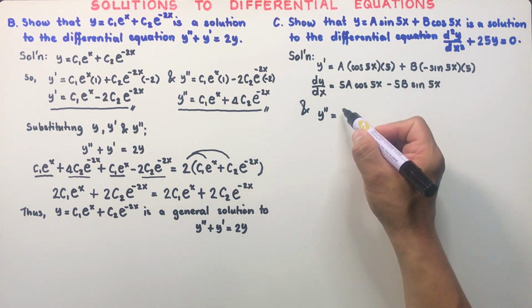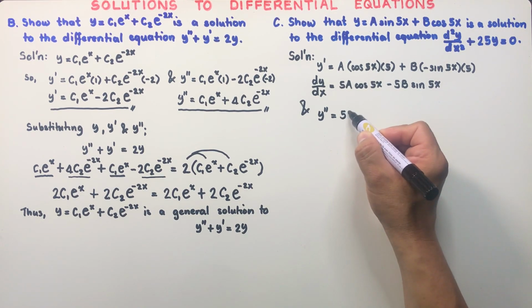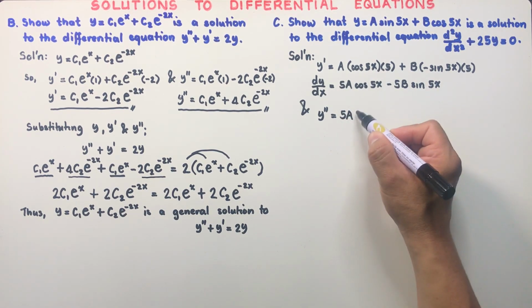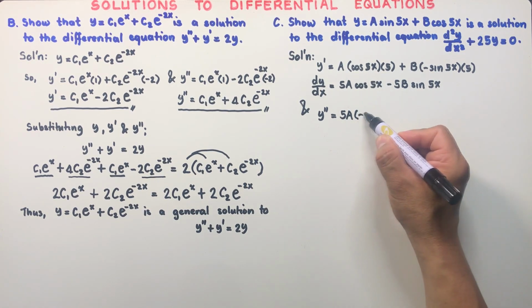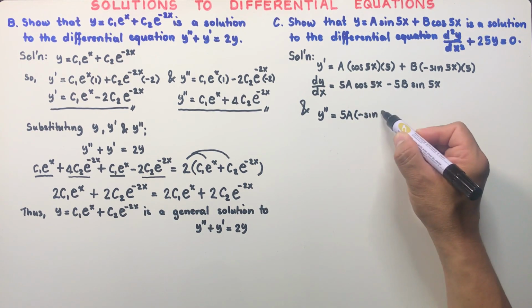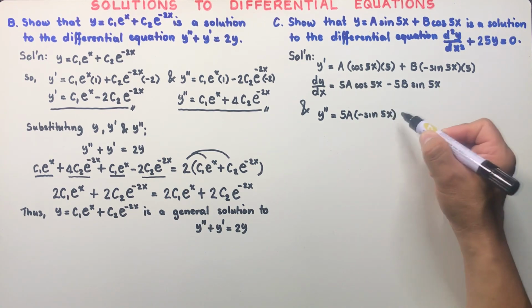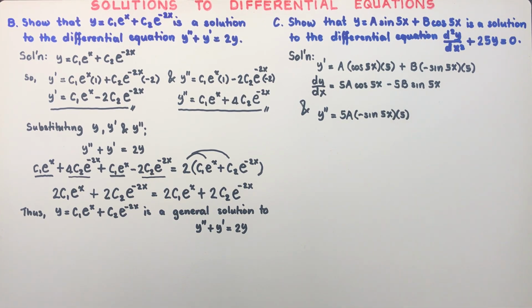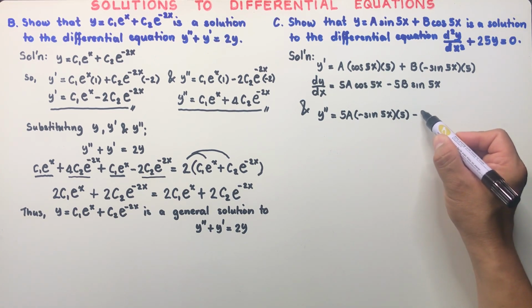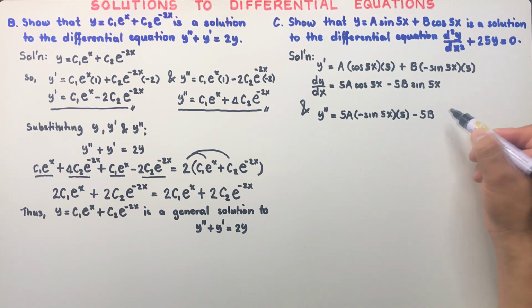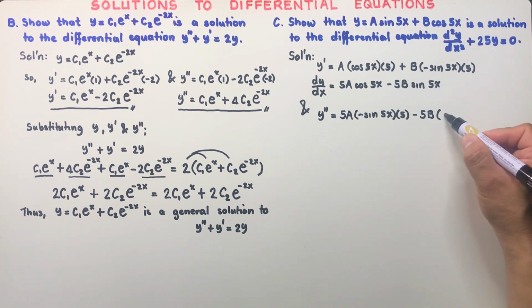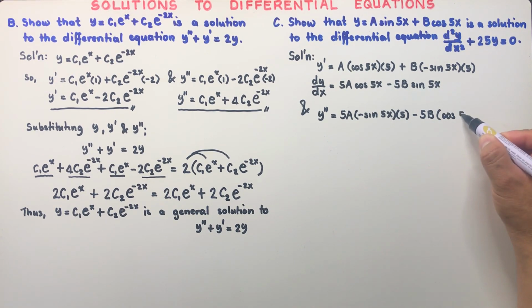So the derivative of 5a, because this is a constant, so we just copy, but the derivative of cosine 5x is negative sine 5x times 5, because by the chain rule we need to multiply by the derivative of 5x, minus 5b times the derivative of sine 5x, which is cosine 5x times 5, the derivative of 5x.